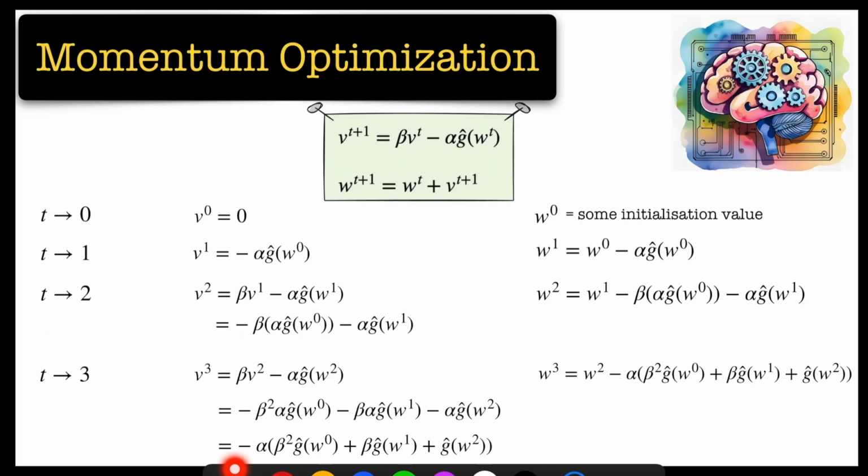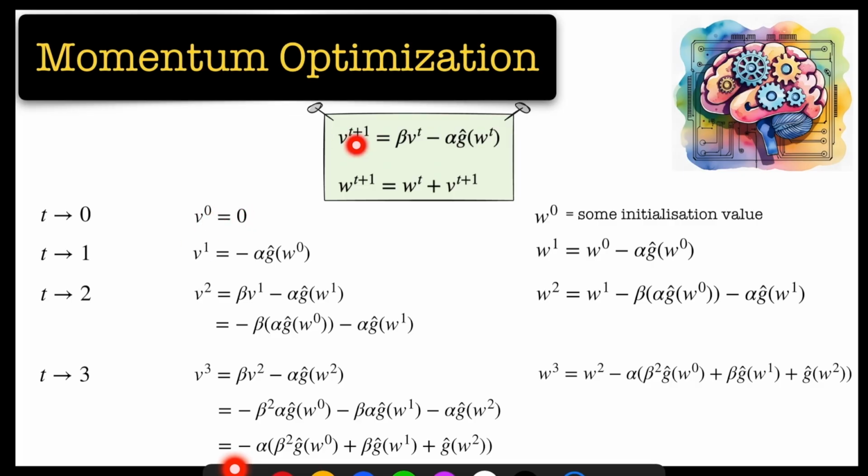Now we'll see how we calculate this momentum for a few iterations, because this will give us some insight. The calculation looks a little bit confusing, but it is very simple. These are the iterations. V0 is 0, let's say we are starting with 0.